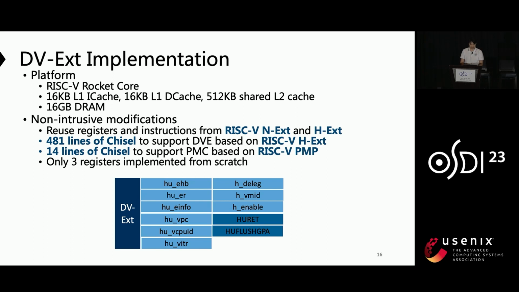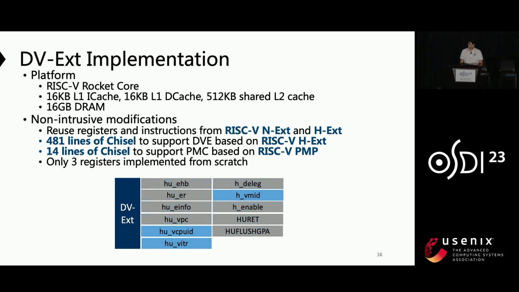We implemented Divisor's prototype on the RISC-V Rocket chip with this configuration. The DV extension does not require expensive hardware modifications because most of its interfaces can be implemented by reusing an extension and the hypervisor extension of RISC-V.